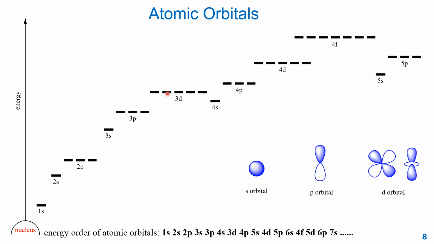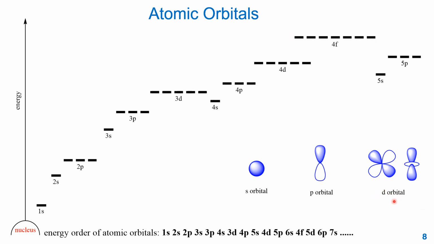Each orbital could have up to 2 electrons. So 10 is the maximum number of electrons possible in the 3d subshell. In the 4d subshell, also 10, but in the 4f subshell, the maximum number of electrons is 14.